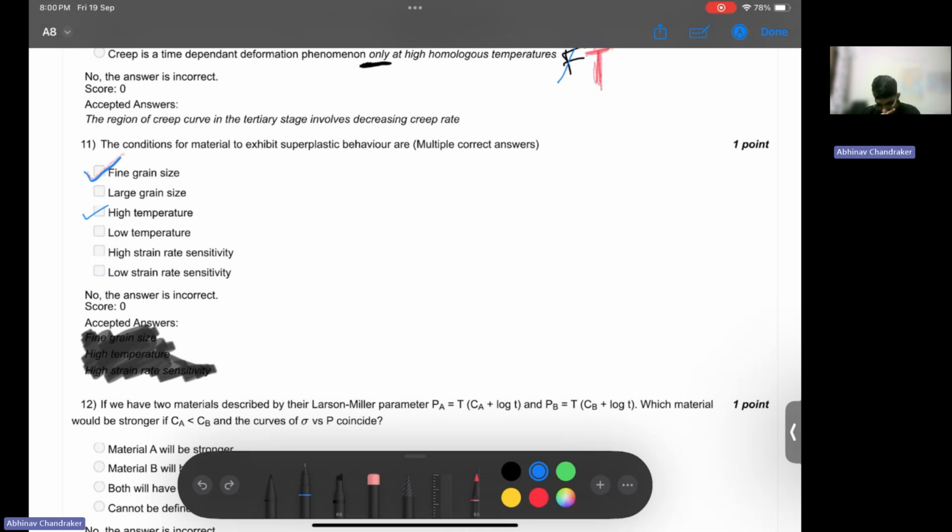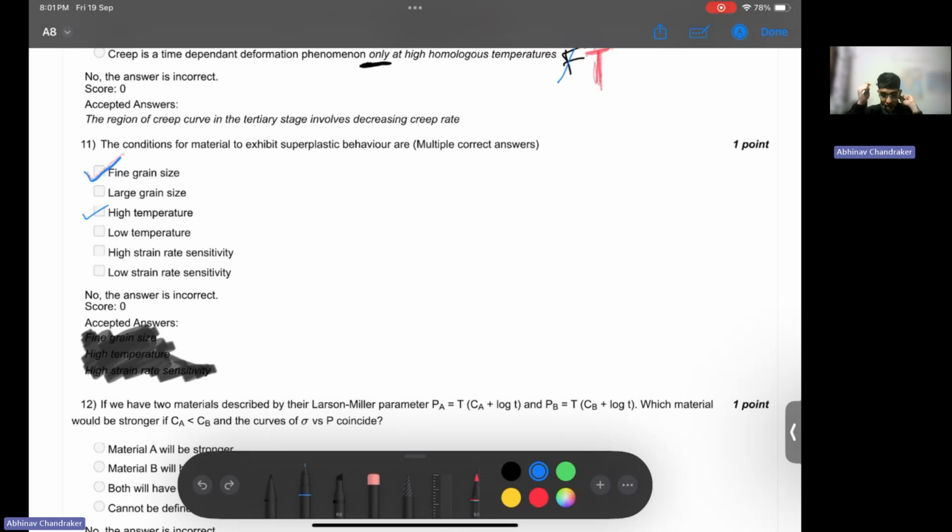Oh, this is a tricky one. Strain rate sensitivity. Seeing it mechanistically, if you do not want it to neck, then if a portion of your sample has become thinner, the strain rate in that portion has increased, so the strength should also increase significantly in that portion so that necking does not happen.